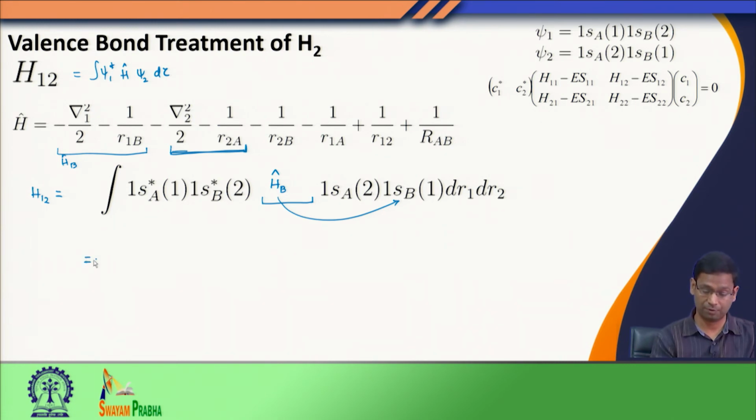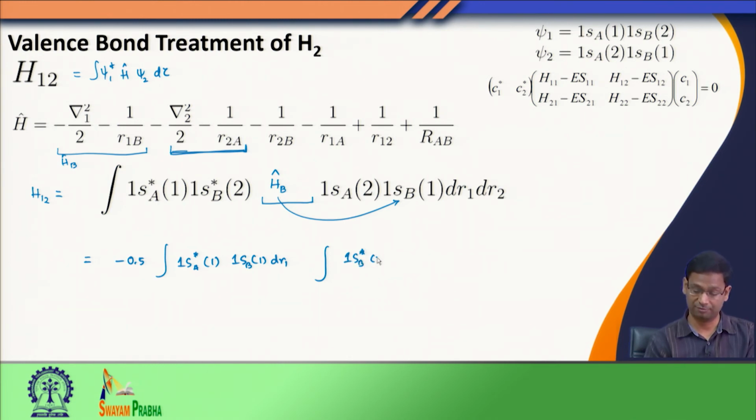Since 1sb is an eigenfunction of HB with eigenvalue minus 0.5, I again write down the terms that have electron number 1 dependence. So, HB acting on 1sb(1) will give me 1sb(1), I integrate it over dr1, and then I write down the functions corresponding to electron number 2.